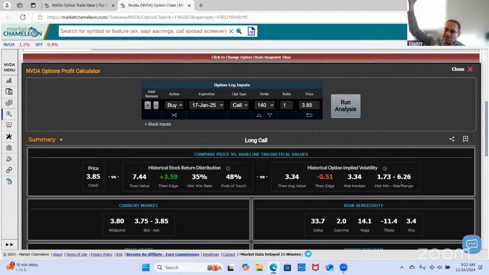If we use the highest implied volatility in our historical observations for a similar option, plugged into the Black-Scholes model, then this option would be worth $6.26 right now. So that's the historical high-low range, somewhere maybe a little bit higher than the middle.